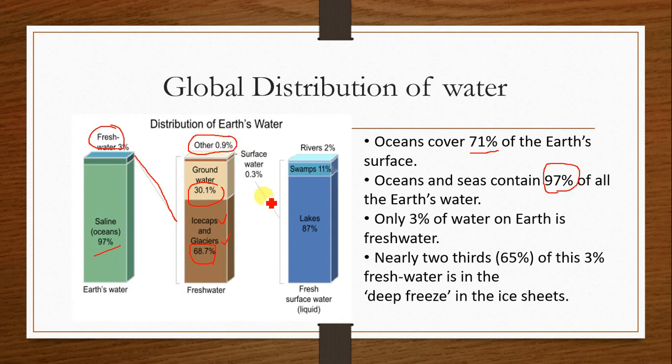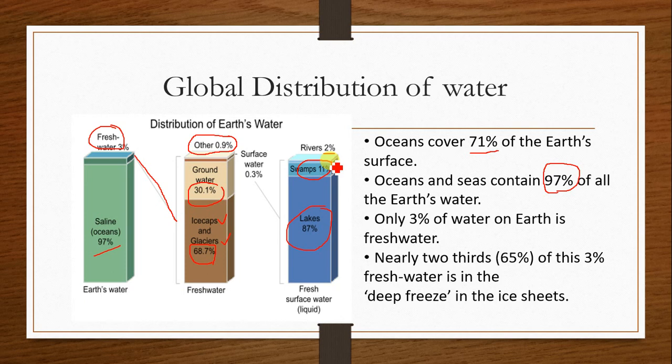Now, out of this 0.9%, surface water makes up 0.3, while rivers make up 2% of this 0.9%. Lakes make up 87%. Swamps make up 2%. Generally, this is the global water distribution. So, water is distributed globally as either salt water or fresh water.